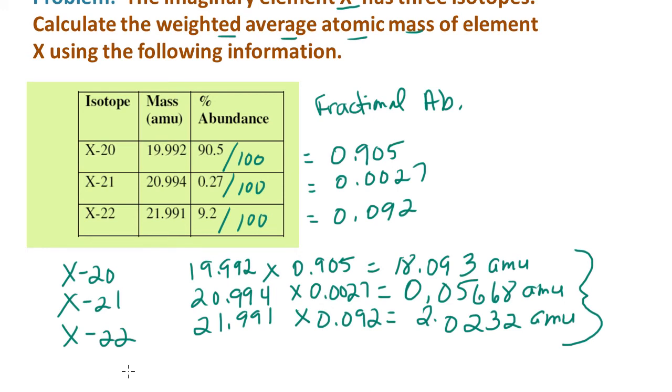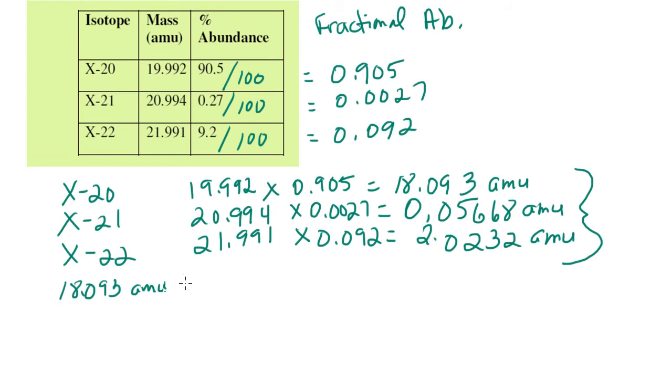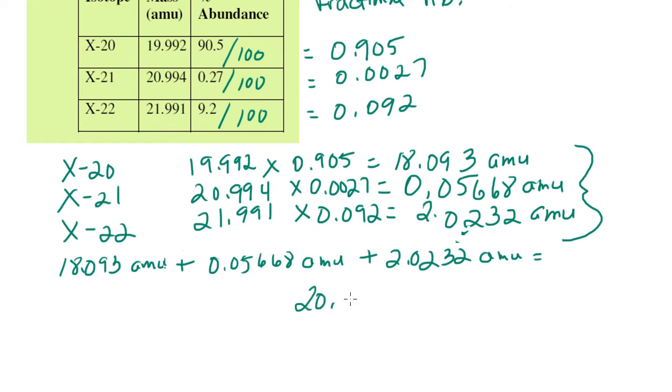So I have 18.093 atomic mass units plus 0.05668 atomic mass units plus 2.0232 atomic mass units. And that gives me 20.17 atomic mass units. I'm just keeping two digits to the right of the decimal point.